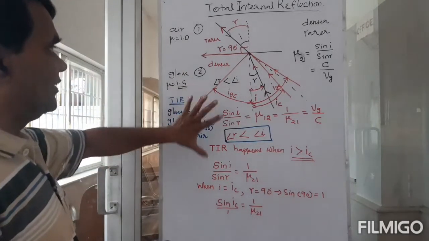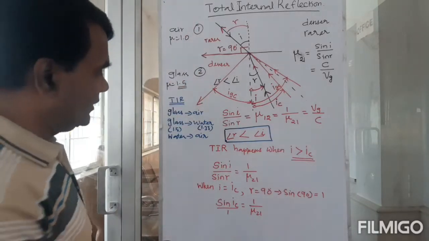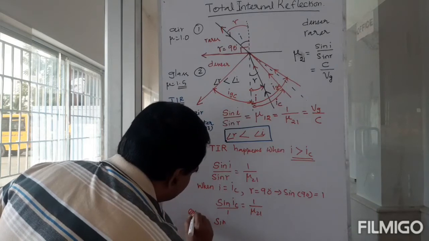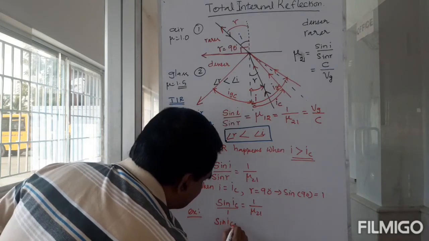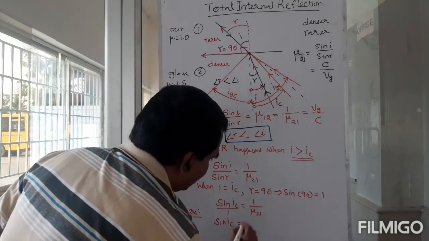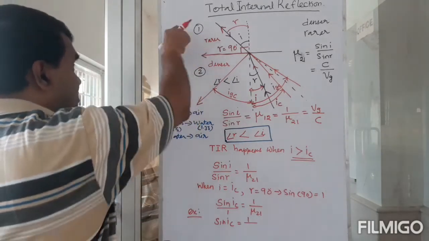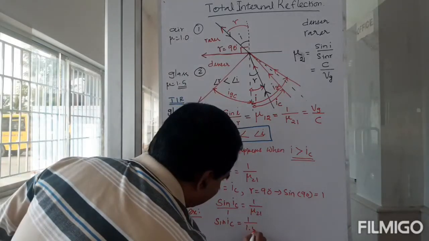So in this case, if we take the air-glass interface, just as an example, sin IC is equal to 1 by the refractive index of glass with respect to air, which is 1.5.